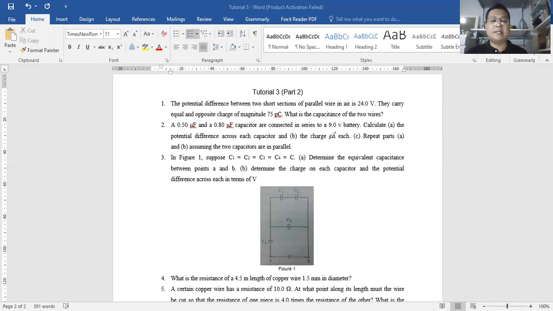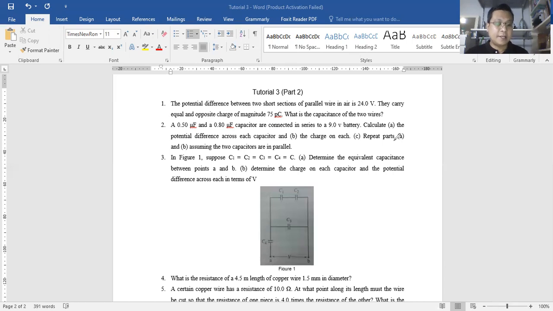The battery is 9 volts. Calculate A, the potential difference across each capacitor, and B, the charge on each. Then repeat parts A and B, assuming the two capacitors are in parallel. So we have a parallel condition in part C. Okay, we try to answer.